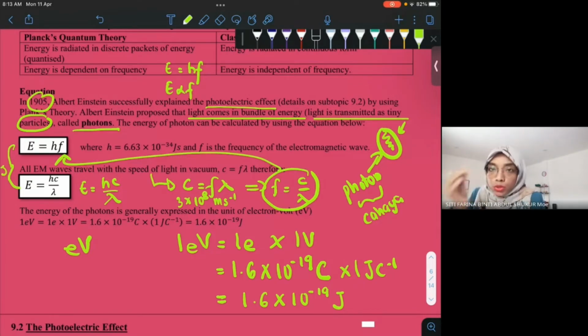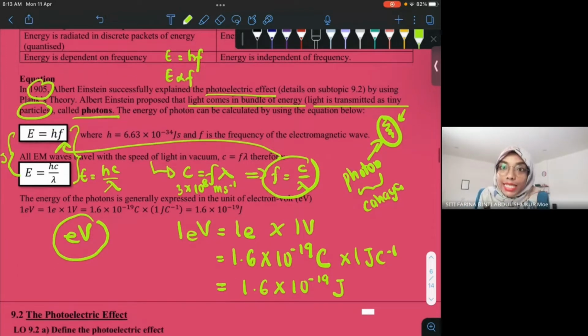But when it comes to this chapter, quantization of light or energy of light, when you're talking about energy of light, we commonly associate it with the unit electron volt. So if the question says find the energy in electron volt. Okay, when we use these two equations, we will get the answer in joule, because they are in the SI unit form.